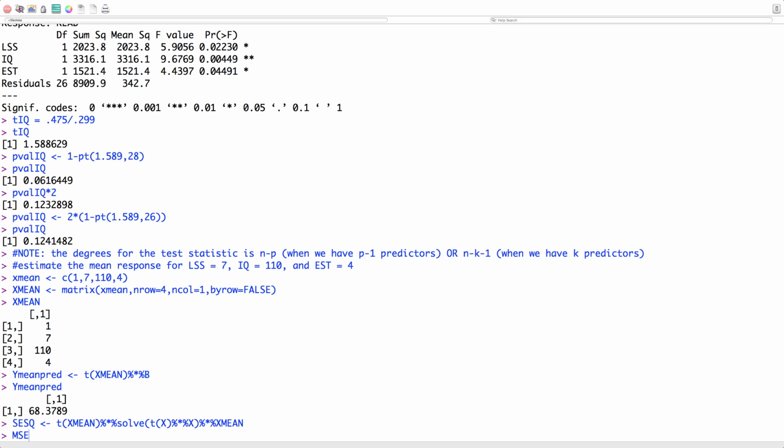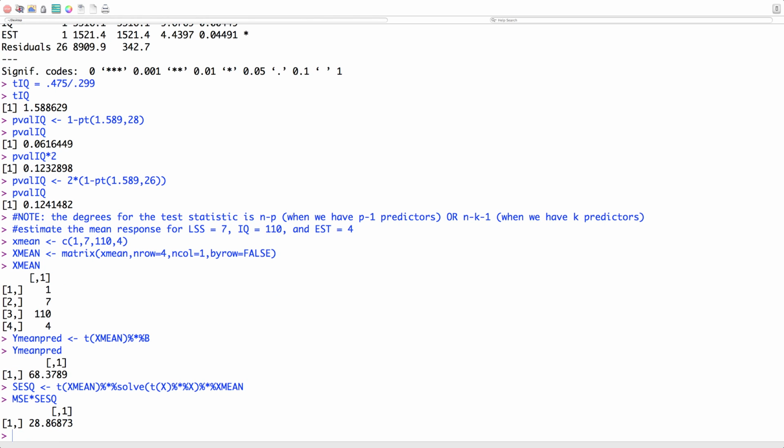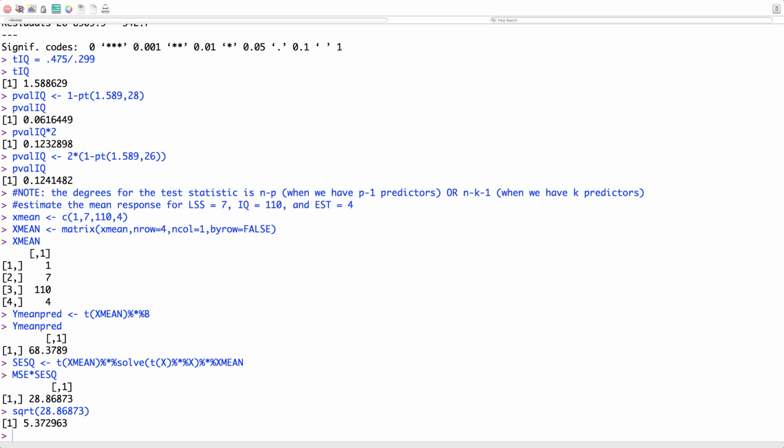No, it's not going to do this. Let me do the mean square error times SESQ. Oh, wow, it actually did. So the standard error squared is going to be 28.87. So if I take the square root of this, I get 5.371.